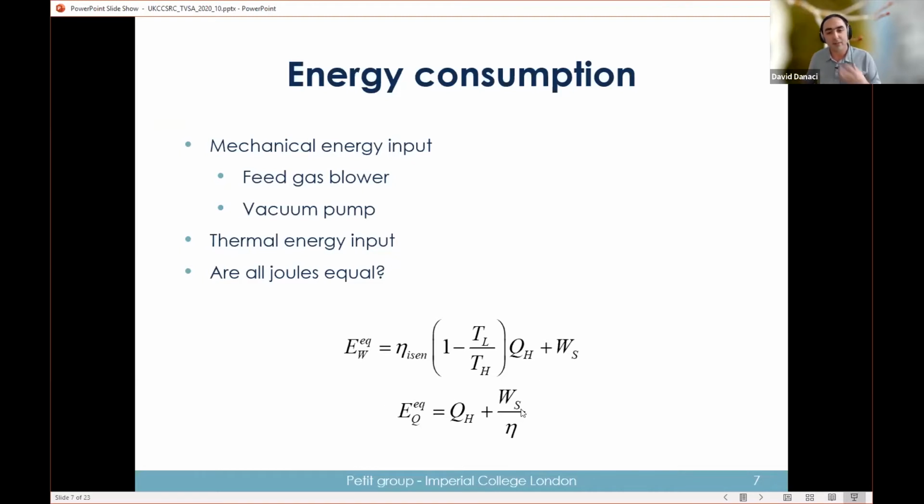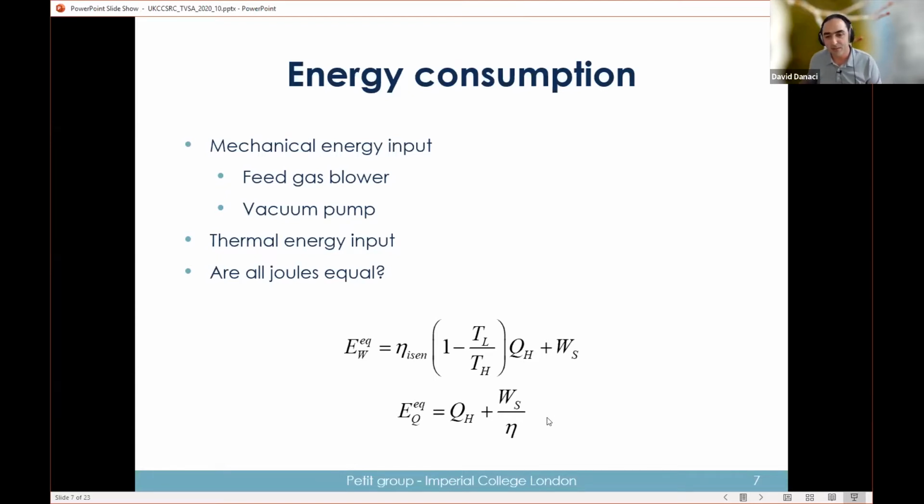And this is where you say, well, this mechanical work is being provided by electricity, and then that electricity is derived from thermal energy, upstream. And then that has some kind of round trip efficiency, in this case, the power plant, to convert that thermal energy to electricity and then mechanical work.